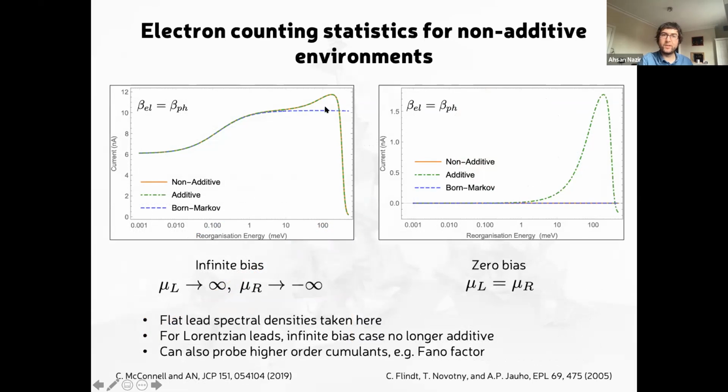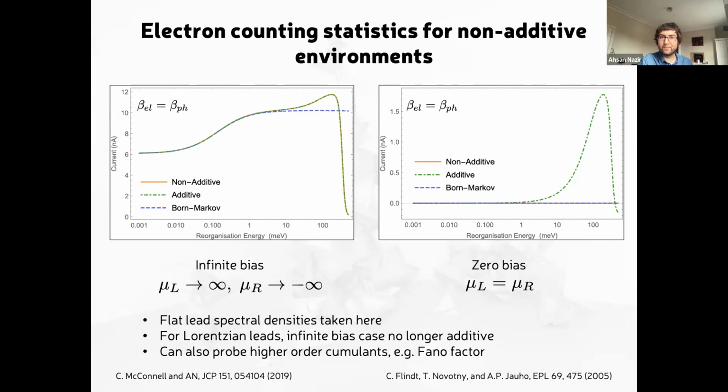A Born-Markov weak coupling approach that treats also the phonons as weakly coupled works well at weak coupling, but then plateaus at stronger coupling and doesn't capture both this increase in current, but also the blockade effect, Franck-Condon blockade, as it's termed, where the current drops to zero at strong phonon coupling. Again, that's because of the suppression of overlaps between vibrational states in the strong coupling limit.